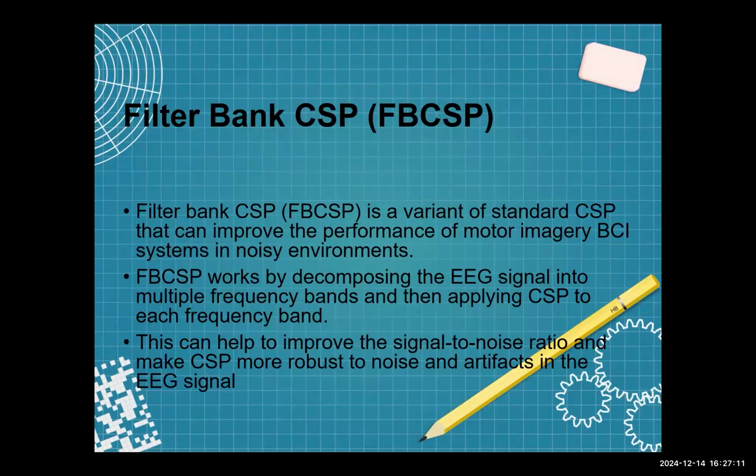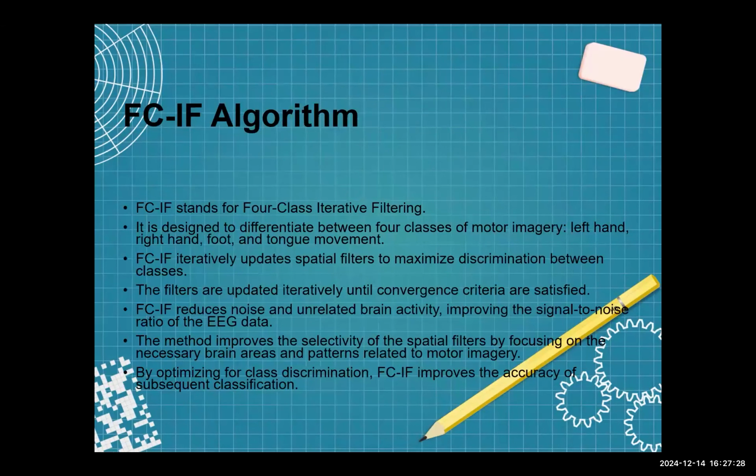This work was done by our research scholar Srinath. He published several papers. Along with my scholar Srinath, we have published some papers on this. One is that we have to use filter banks, the FCIF algorithm for class iterative filtering.